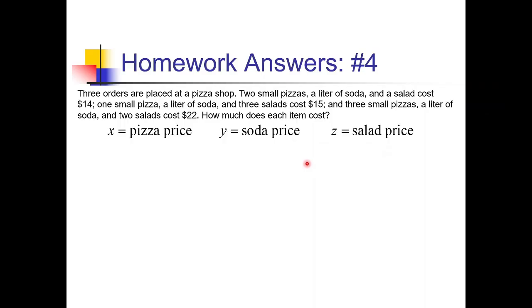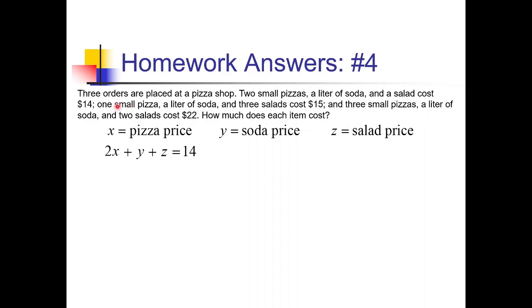So just taking a look at each of the 3 sets of information they gave us. We had 2 small pizzas, so I'll call that 2X, plus a liter of soda, so plus Y, 1Y, plus a salad, so plus Z, equals $14. And we're going to use a similar setup for the other 2 here.